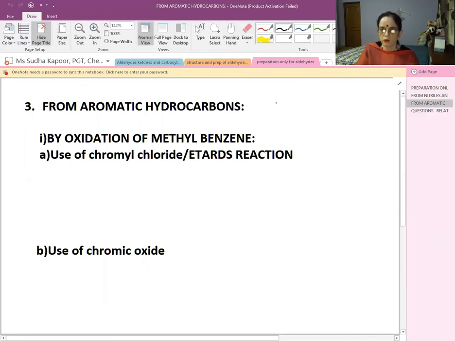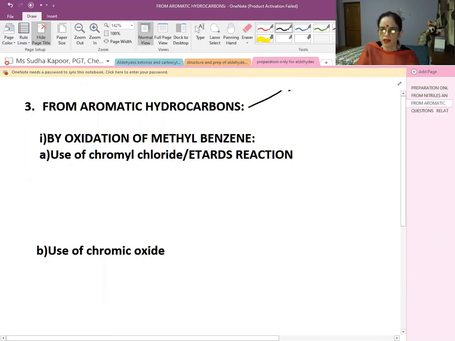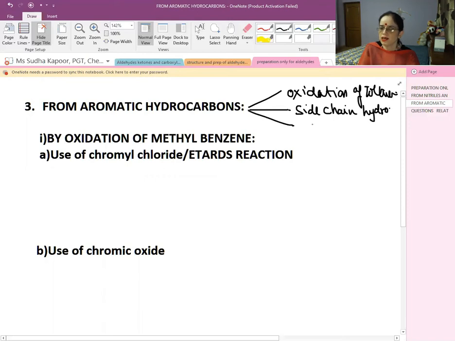So in case of aromatic hydrocarbons, the three methods are oxidation of toluene, second is side chain hydrolysis, again of toluene, and the third is Gattermann-Koch reaction. We will be doing one by one all these three.